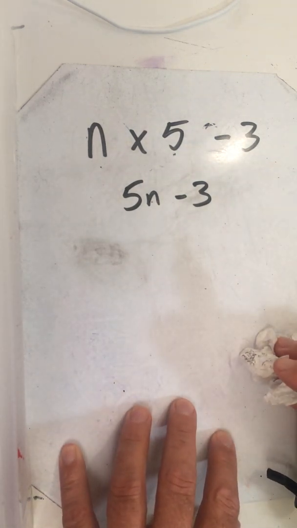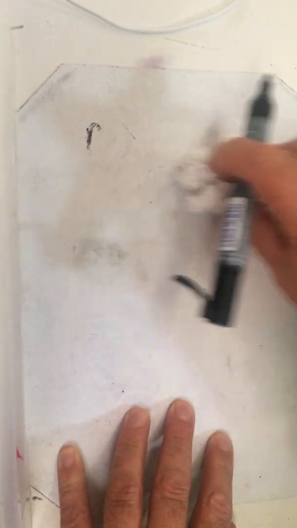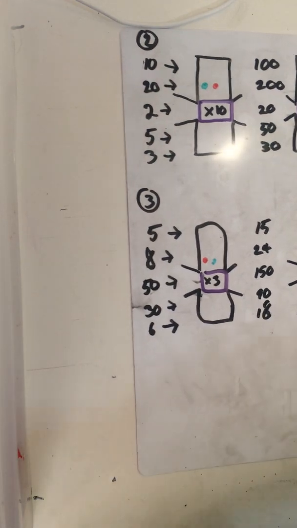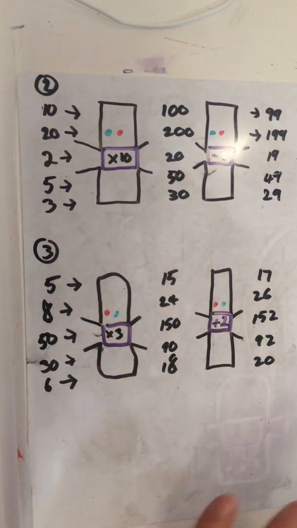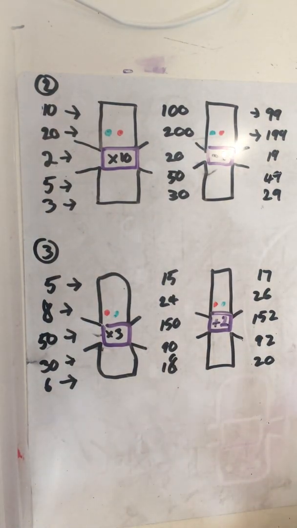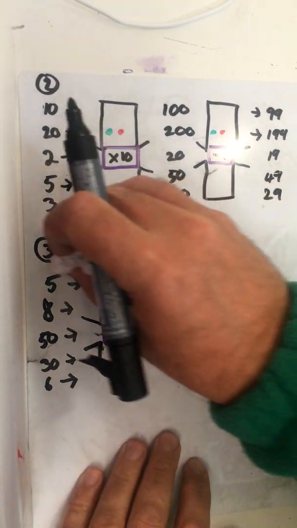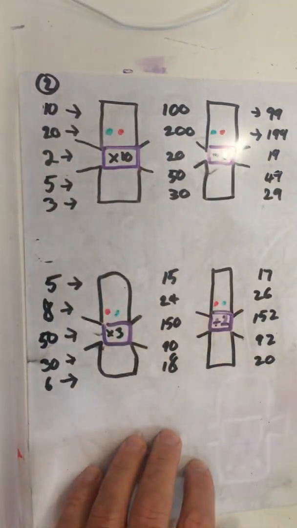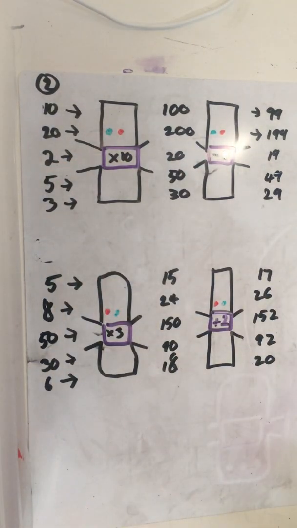Now there is a point to this, because in the next questions we're going to be writing our own algebraic expressions. So let's go back to our answers here. For the next set of questions, you will be asked to write an algebraic expression for a function machine.